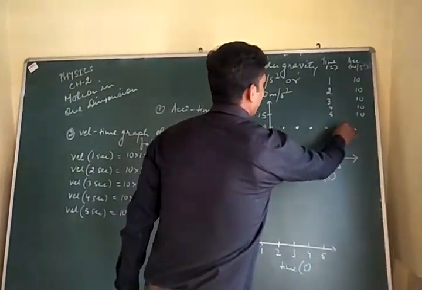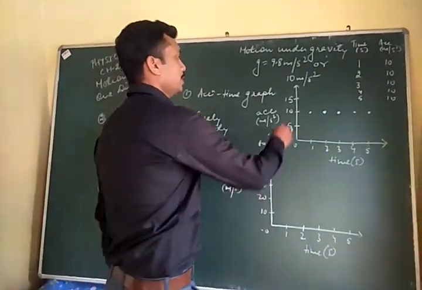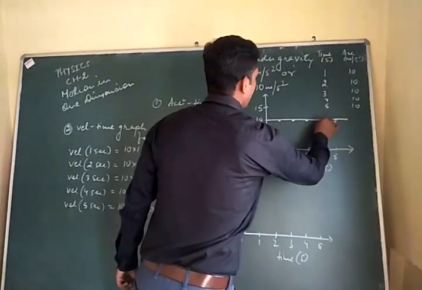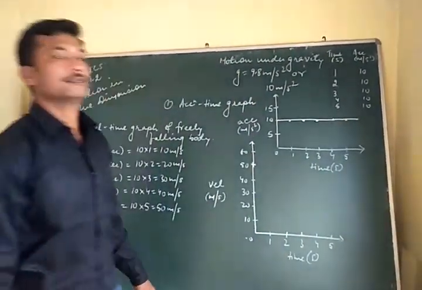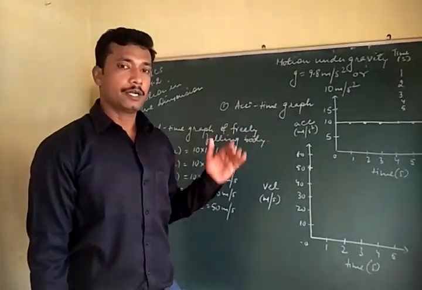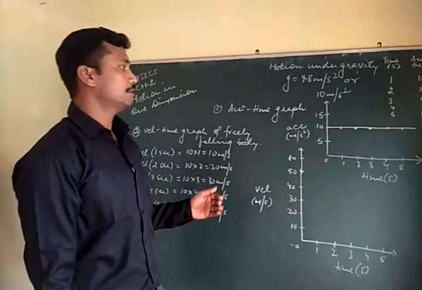So till 5 seconds the acceleration remains same. So when you draw or join these points, you will get a line parallel to the time axis. And this is what the graph for acceleration time graph is. It will be the line parallel to the time axis.